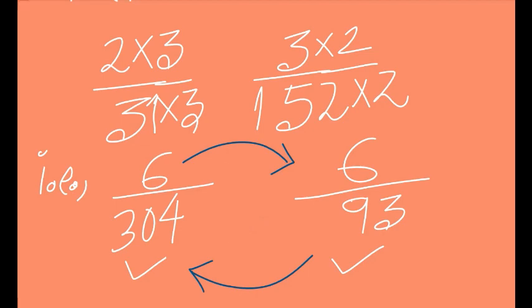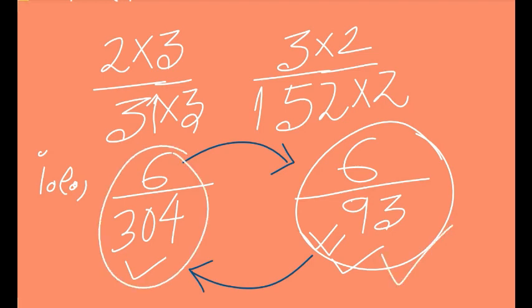Listen, this number 93 is less than 304, so that means this fraction is greater than this fraction. Now this fraction is greater than this fraction, but since this one is written on the left hand side, we give the less than sign here. So less than, greater than, I hope you know that, right? How to exchange them. If you have confusions, tell me, we will do a separate video for that.